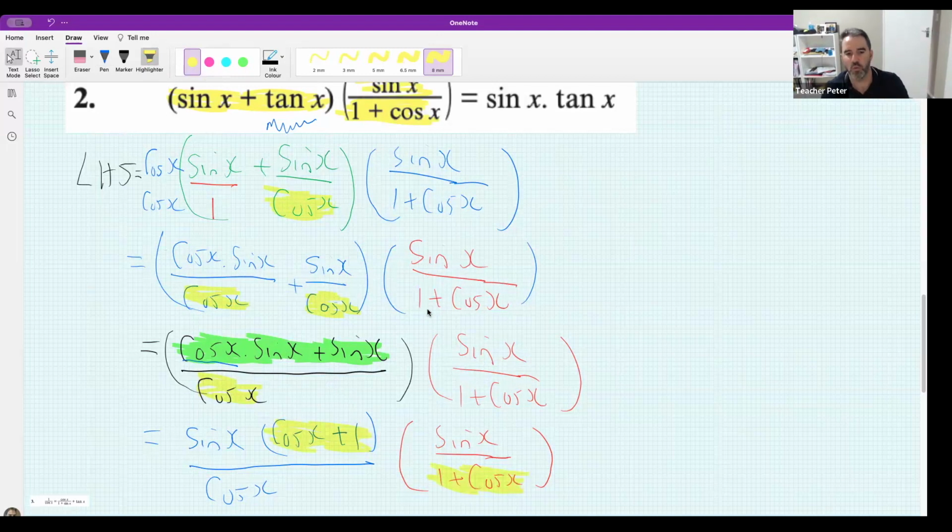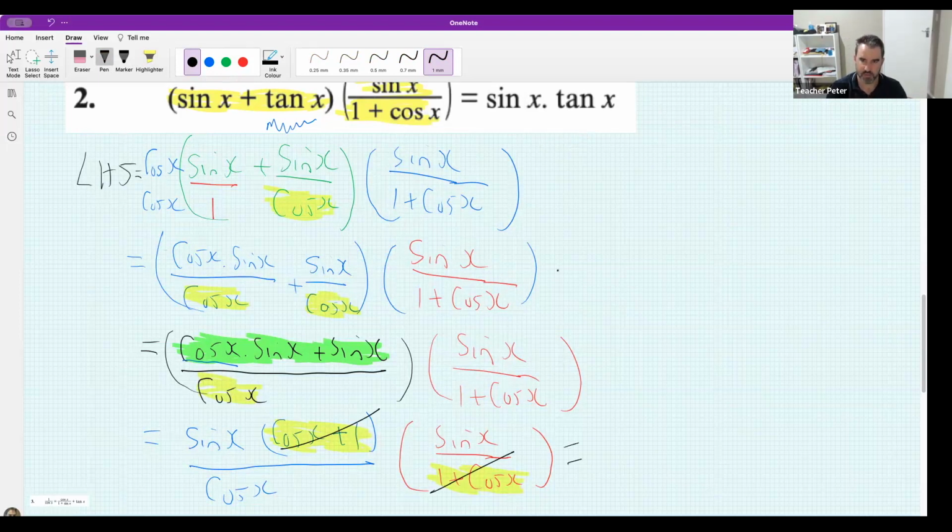So what do you think I'm going to do with those two yellow bits there? Cancel out. Exactly. All right.